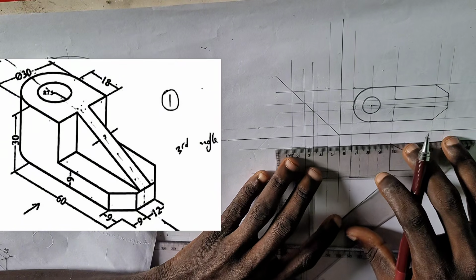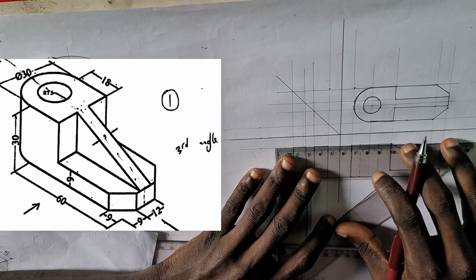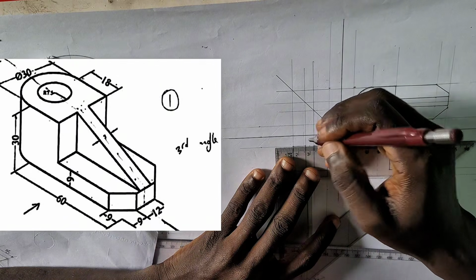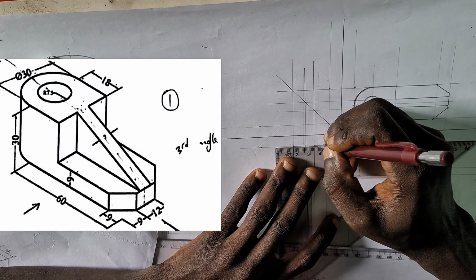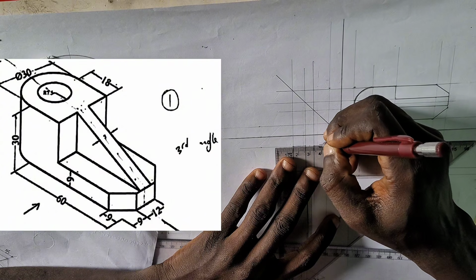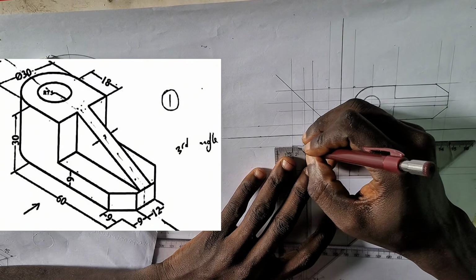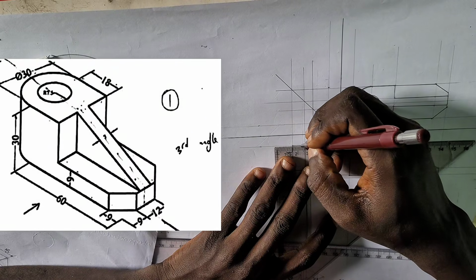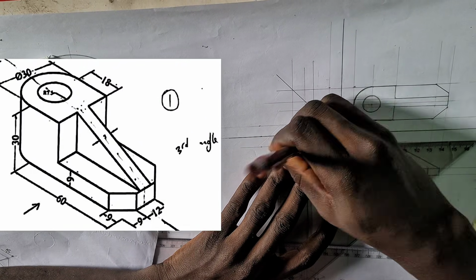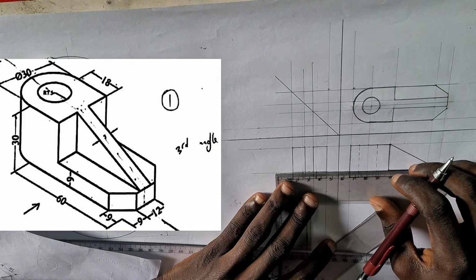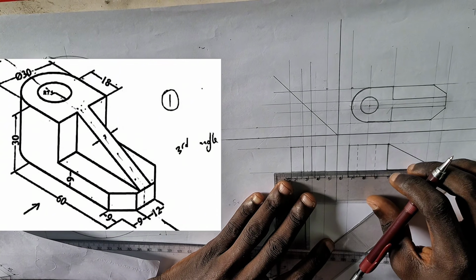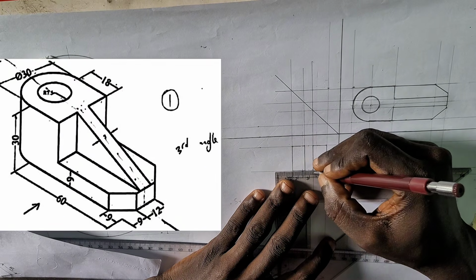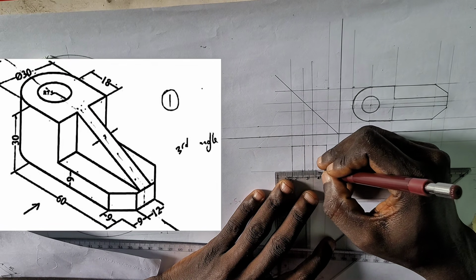Dimension it. So from that midpoint, this 5, this 6, this 7, this 7.5. So this is 5, 6, 7. This is also 7.5. Okay, and let's do the same thing here. This is 5, 6, 7. This is also 7.5.